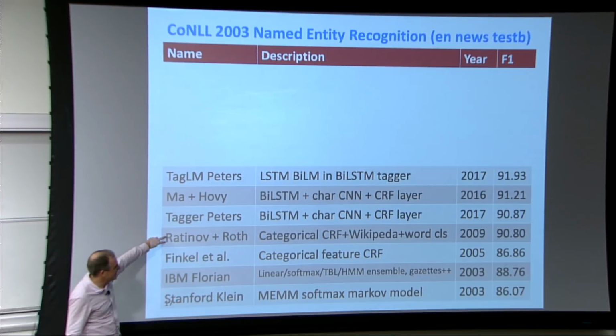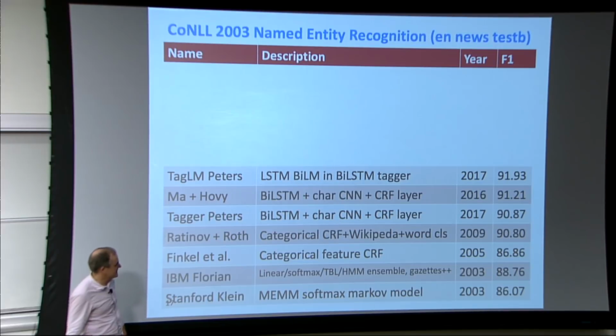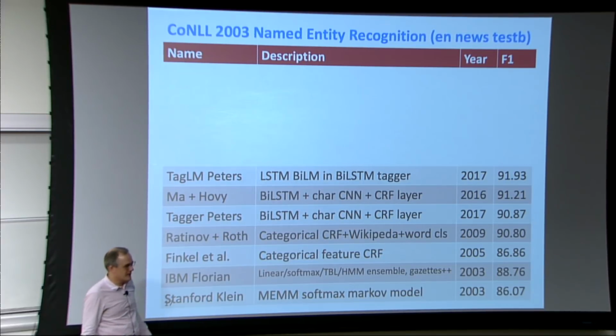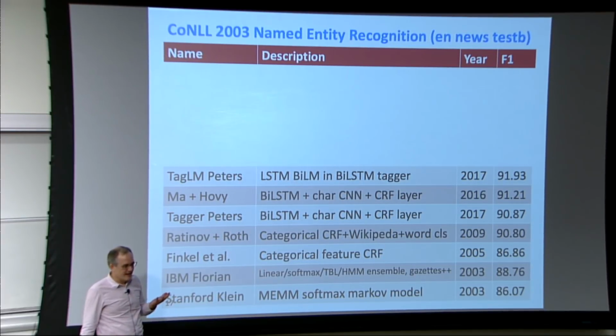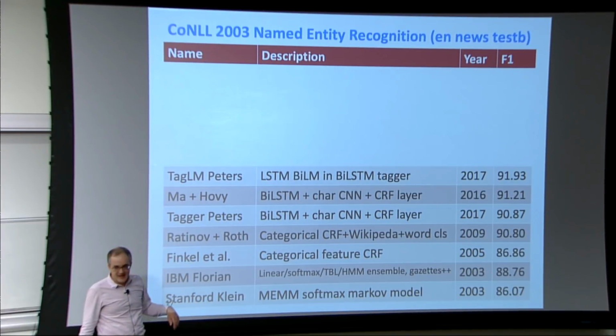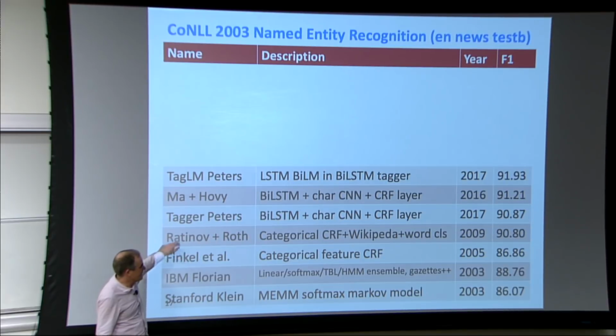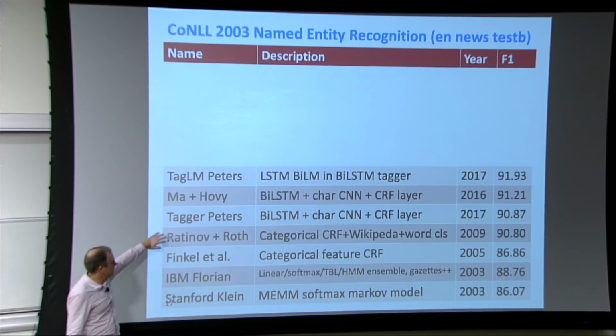This system here was sort of the best ever built categorical CRF system, but rather than only using the training data to build the model, as this system did, it threw in Wikipedia and other stuff to make it work better, and that got you to about 90.8 F1.